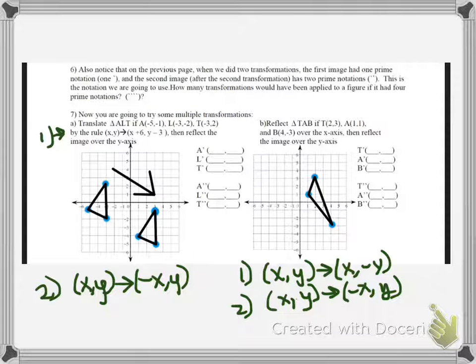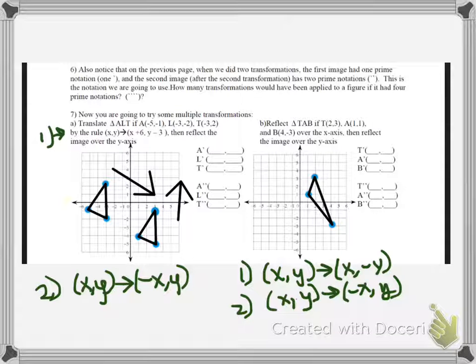The second transformation that we're going to do is we're going to reflect it over the y-axis. So that's a reflection this way. Not a translation, but a reflection over the line.